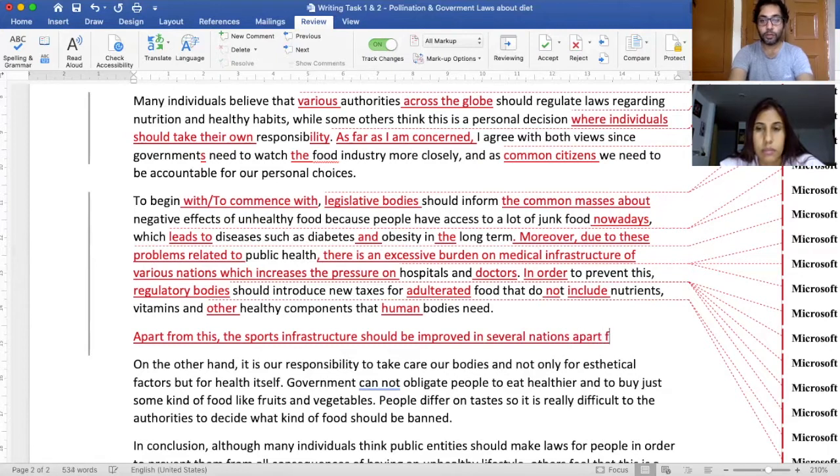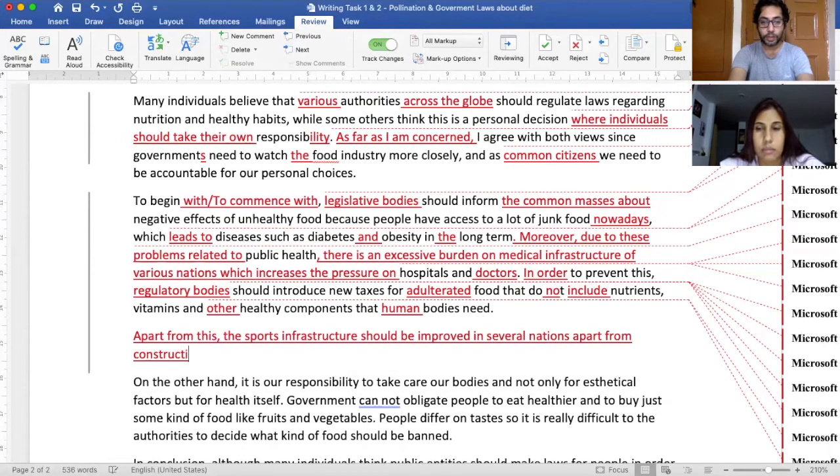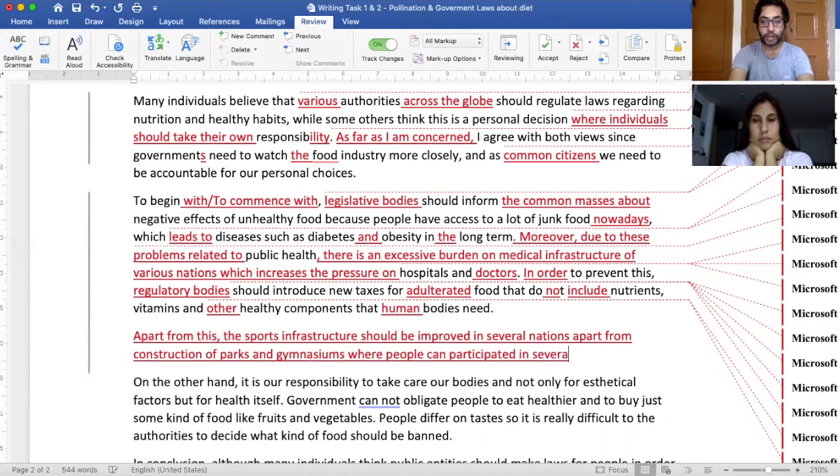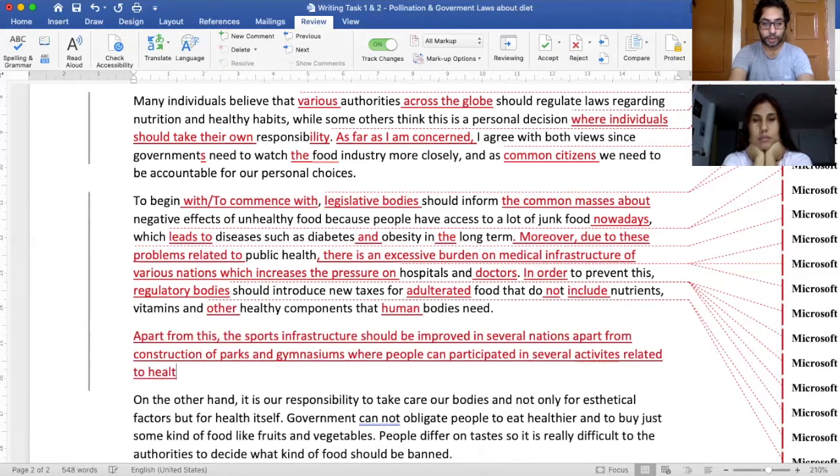Apart from construction of parks and gymnasiums, people can participate in several activities related to health and fitness. Okay, this is important.